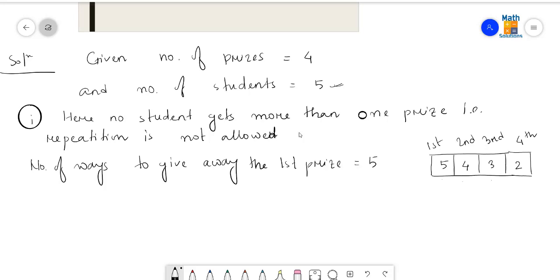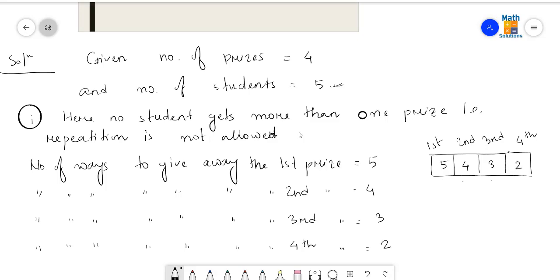Then number of ways to give away the second prize is equal to 4. Then number of ways to give away the third prize, how many are there? 3 are there. Then number of ways to give away the fourth prize is equal to 2.